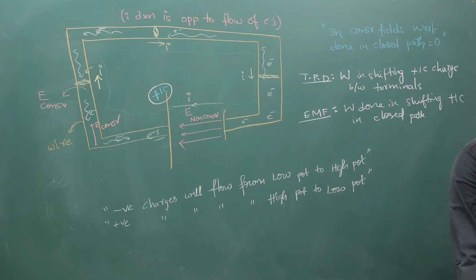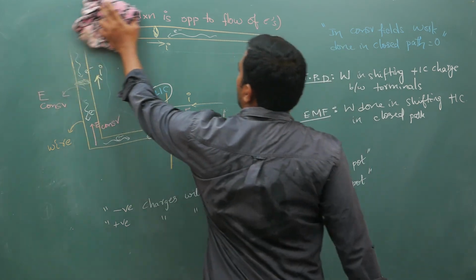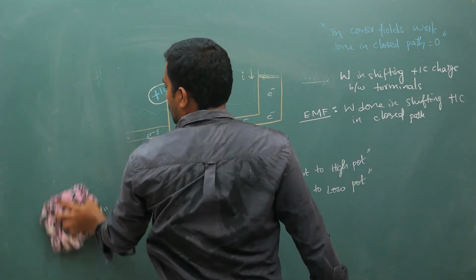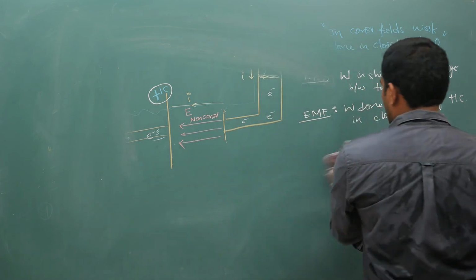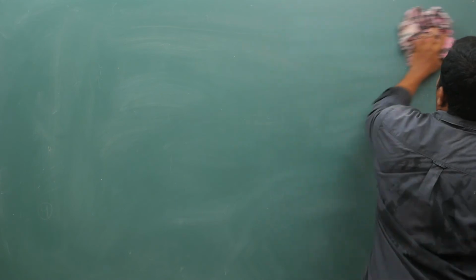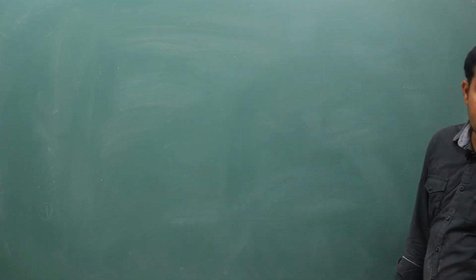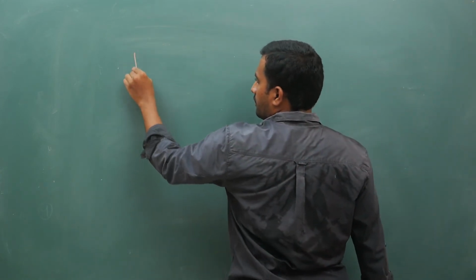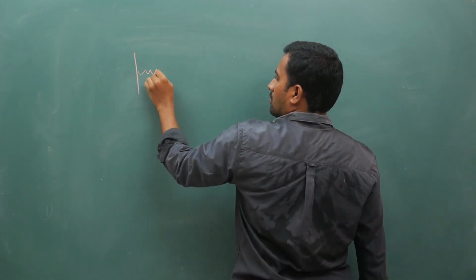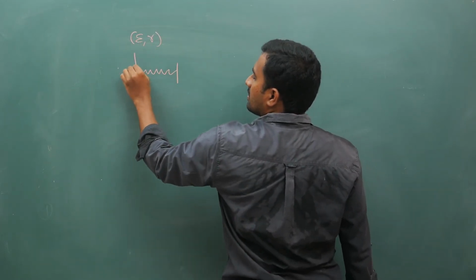Now we will write it mathematically using Kirchhoff's law for different figures. Now I am erasing this. All right, now let me draw a cell whose EMF is E and internal resistance is r.